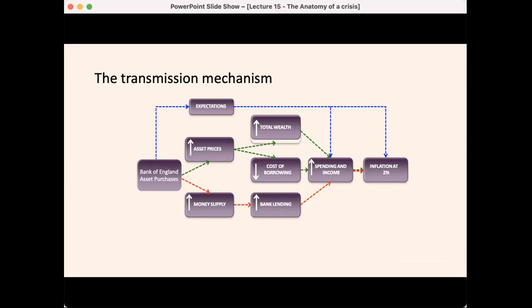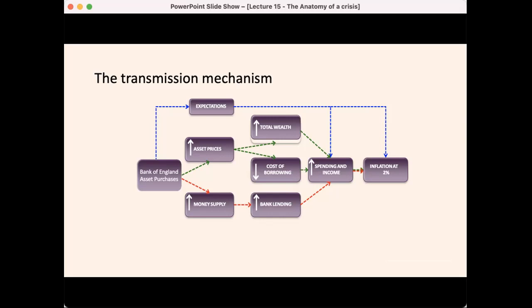Or the Bank of England, by buying assets, increases the asset prices, which increases total wealth, reduces the cost of borrowing, spending and income goes up, and inflation settles out at 2%. And then the third element is that the asset purchases increase the money supply, which increases bank lending, which increases spending and income, and inflation settles out as the economy gravitates towards 2%.